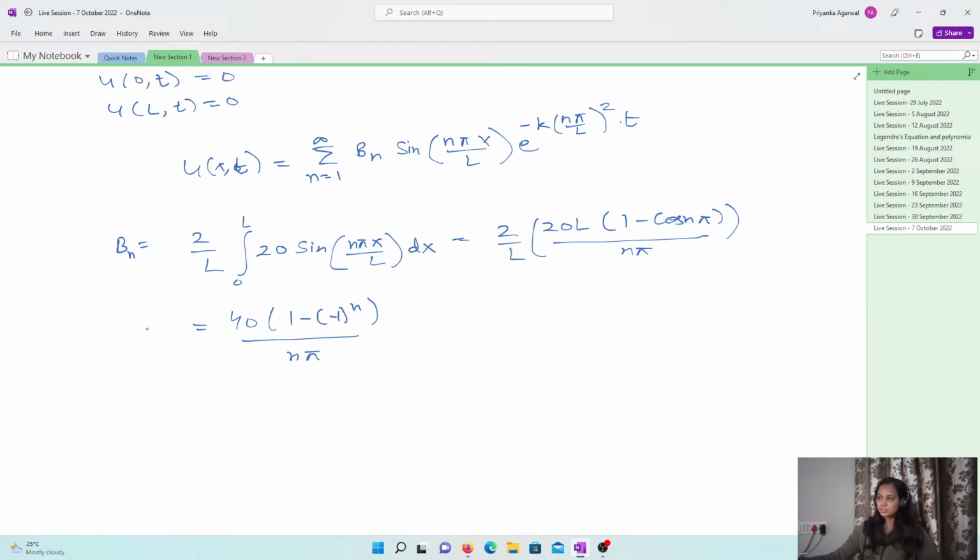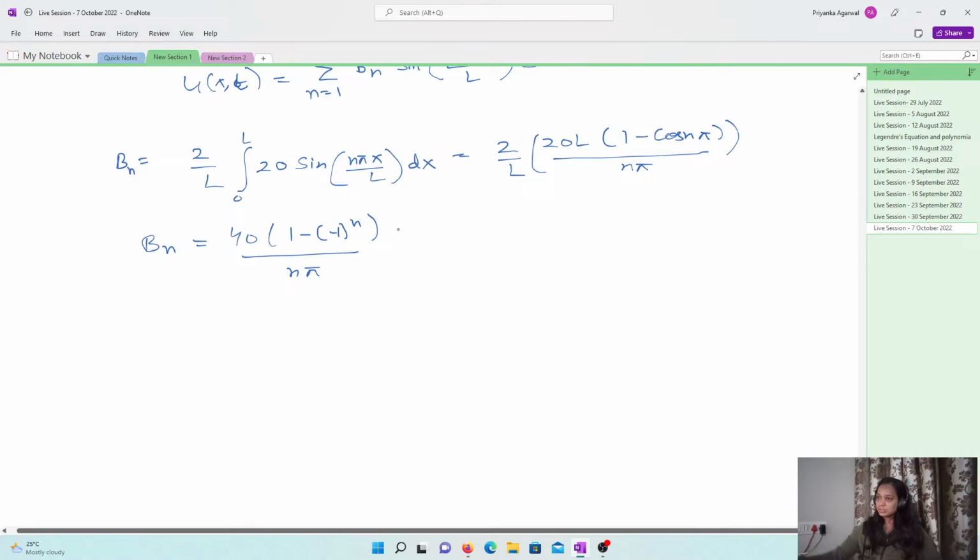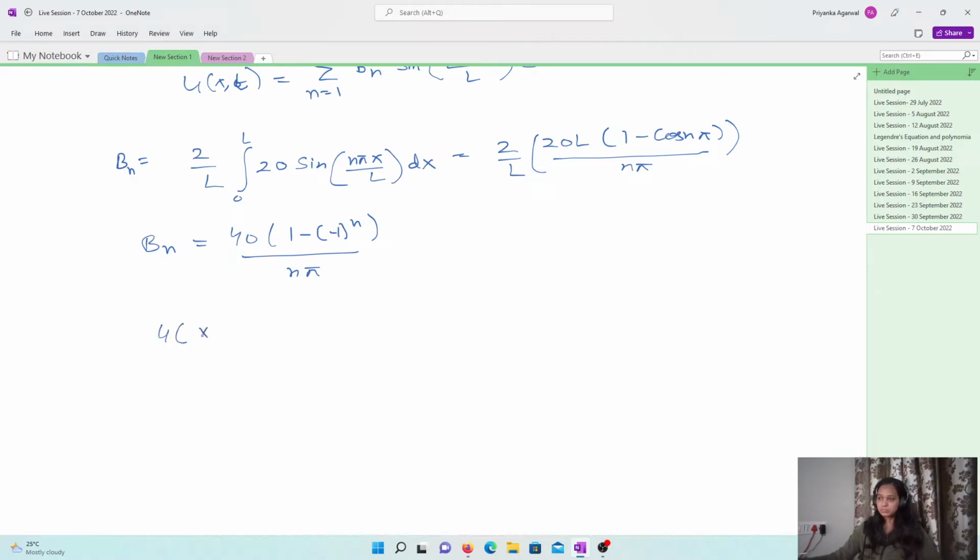And if we write this in this particular solution, then we will get the final solution as 40 into 1 minus minus 1 to the power n over n pi.